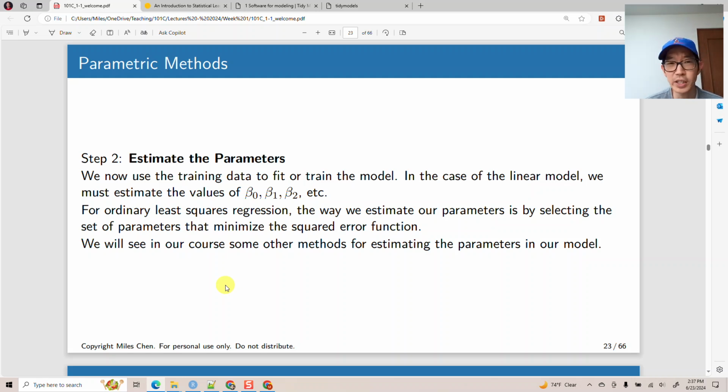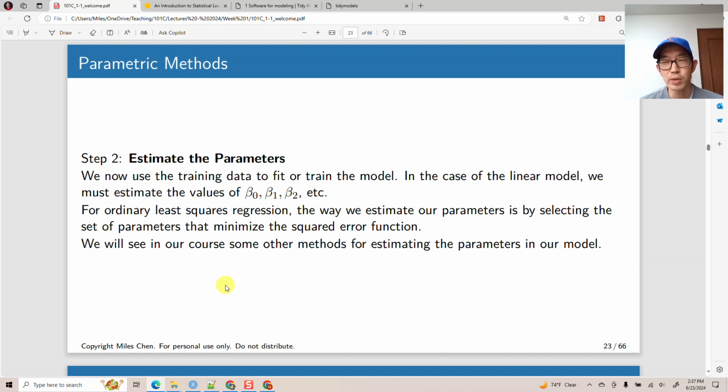We take the training data to train the model. As far as linear regression goes, you try to find the parameters that will minimize the sum of squared residuals. You minimize your squared error function, and that's going to estimate your parameters.